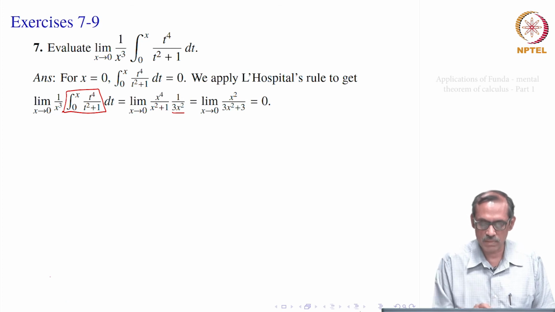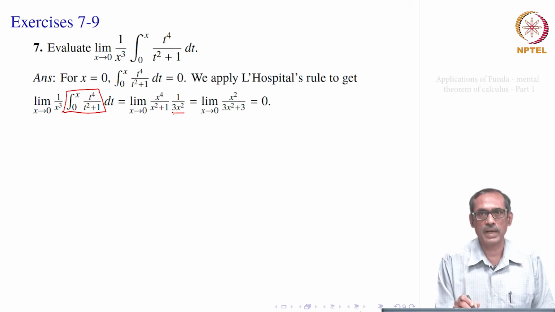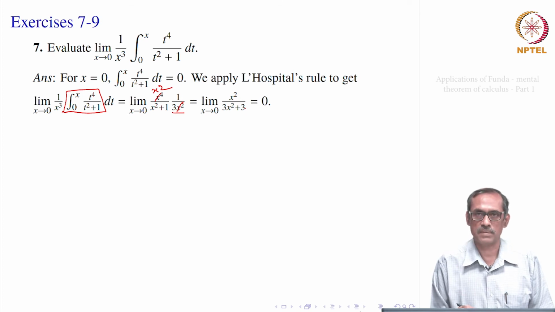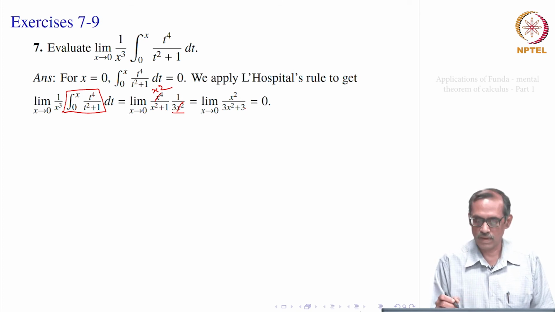That is why we get this limit by L'Hopital. So, it is limit x goes to 0, x fourth divided by x square plus 1 times 3x square. Now, x square cancels. So, it is really x square divided by 3x square plus 3, and that limit is straightforward 0 because numerator goes to 0, denominator goes to 3, fine.